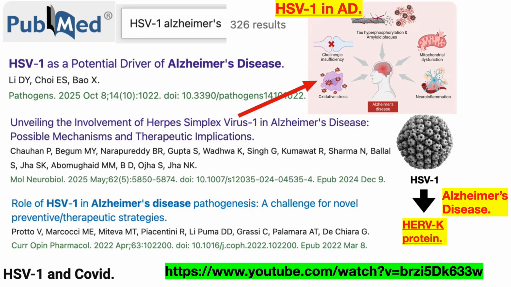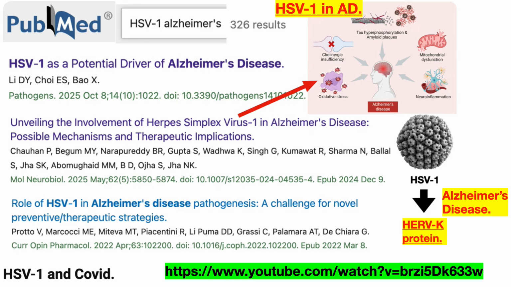Role of HSV1 in Alzheimer's disease pathogenesis, a challenge for novel preventive therapeutic strategies. And on this YouTube channel, we have discussed the role of HSV1 and COVID, and a URL link to that YouTube is highlighted in green at the bottom of the slide.